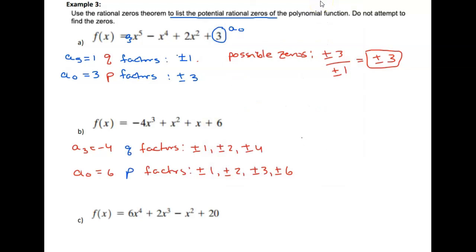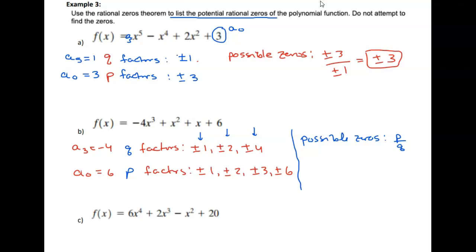The possible zeros are the P's over the Q's. So you take these and divide by these. What I usually do is go through all the P's divided by the first factor, then all the P's divided by the next one, and so on, in order to list everything. Sometimes you get repeats and you don't need to write them.